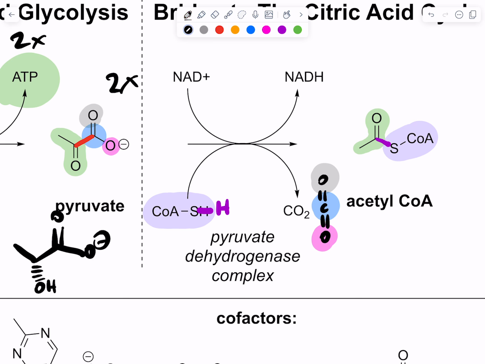The electrons for the pi bond in CO2 come from this lone pair on the pink oxygen. So the electrons in this bond between the blue and the green carbons have to go somewhere. They're removed from the molecule, which means this is an oxidation reaction. And so it's no surprise that we're using NAD+ to do this. But it's not a simple process, because there's no hydride to be removed at this stage.